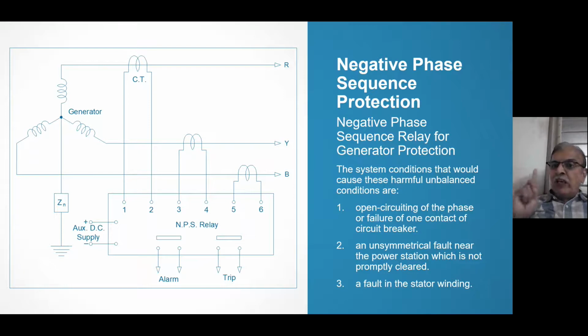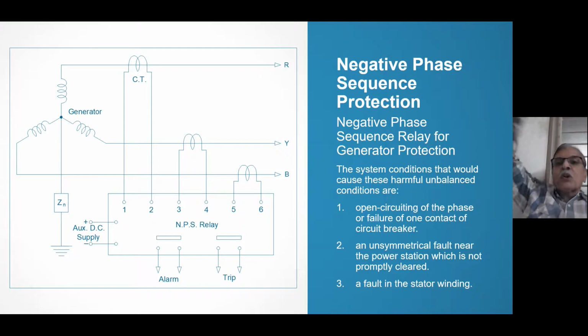So now only one reason remains: an unsymmetrical fault, that is, a double line to ground or line to ground fault anywhere in the power system, that is, on the line emanating from the generator. You just think, after the generator there is the generator transformer, then there is the bus, and then the line is emanating.